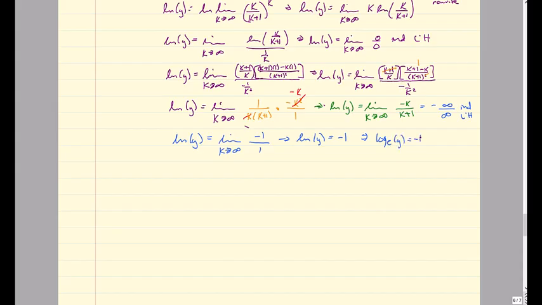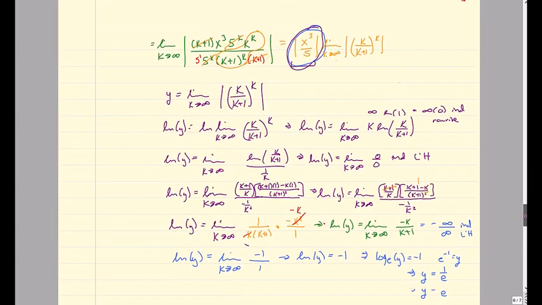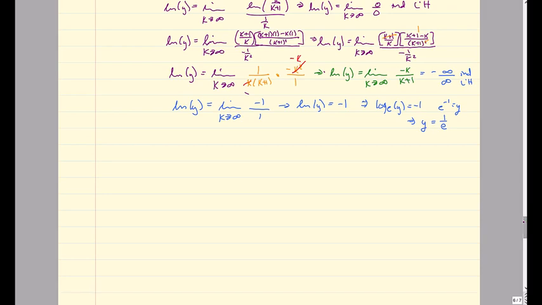And then I rewrite that in exponential form, and I get e to the negative 1 equals y, or y equals 1 over e.